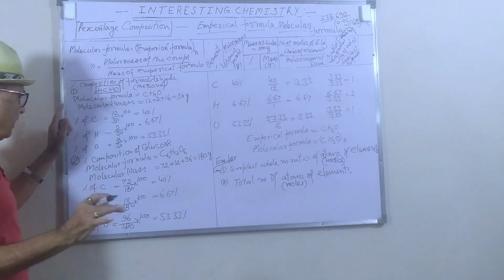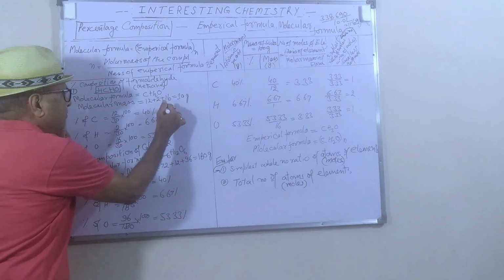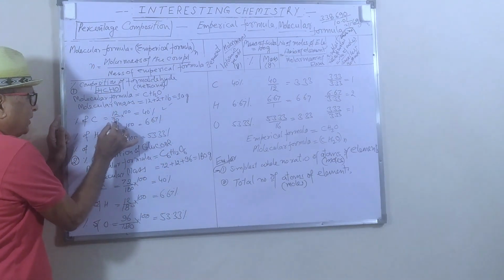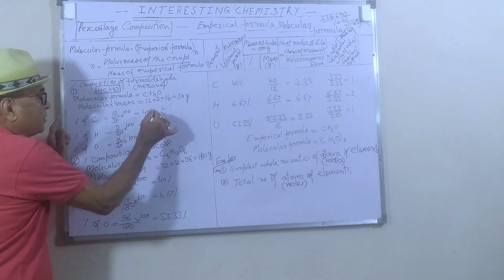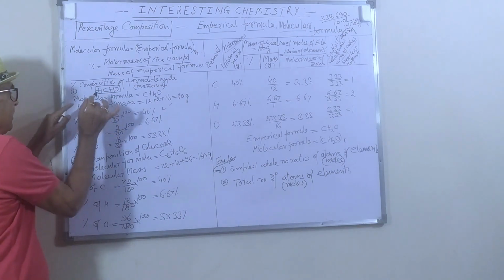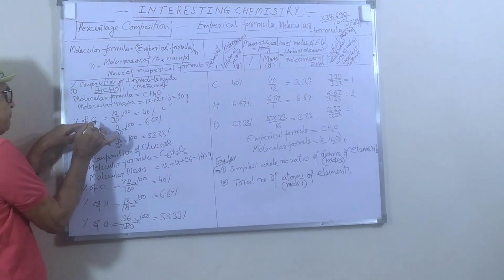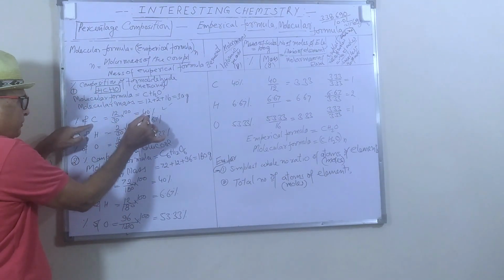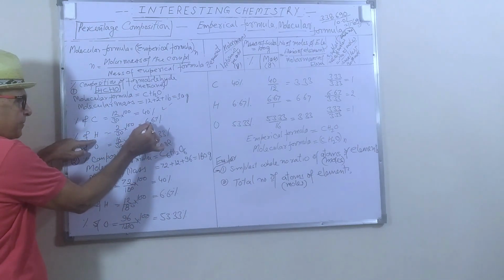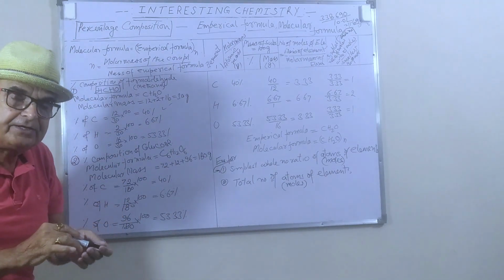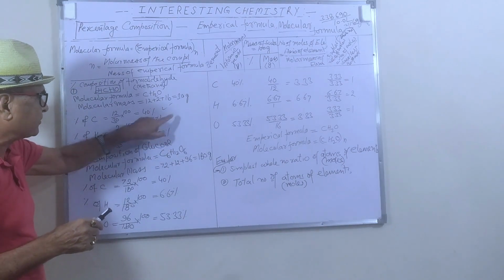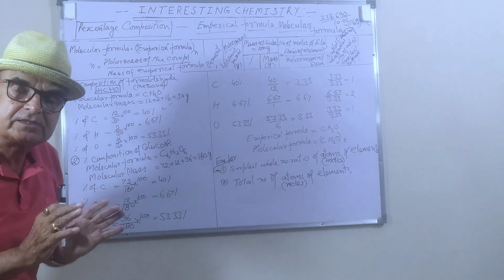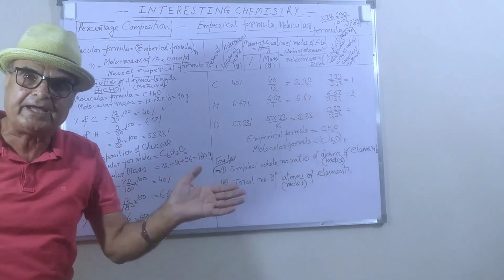The composition is 12 upon 30, 2 upon 30 and 16 upon 30. So the percentage composition in formaldehyde is: carbon 40%, hydrogen 6.67% and oxygen 53.3%.